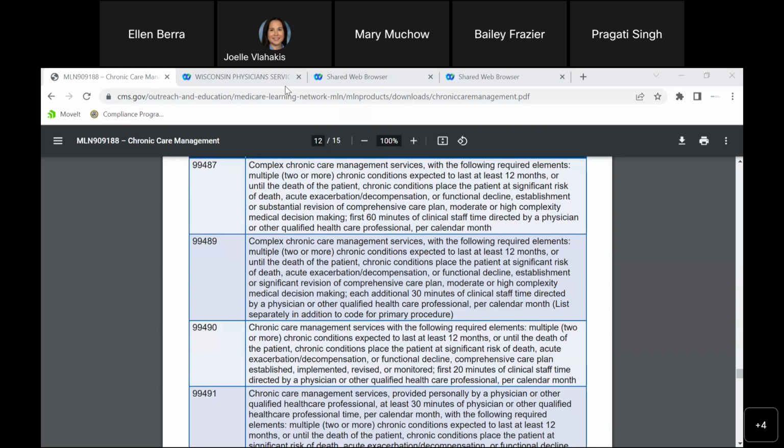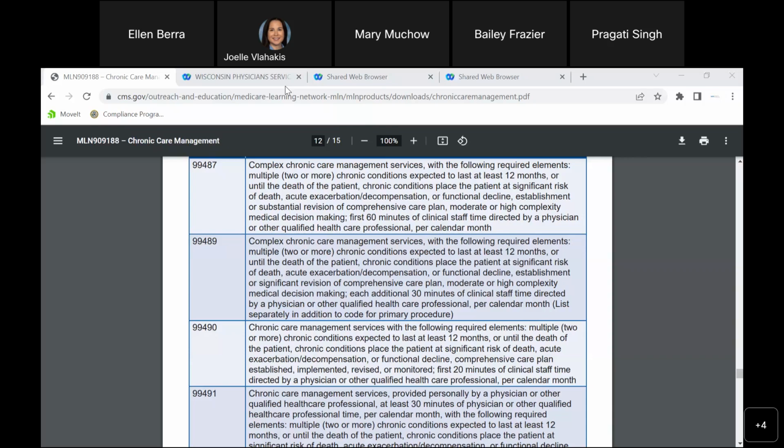The clinical staff can use the patient's medical records, both the internal records that they have, records from other practitioners who are involved in the patient's care, and then under that general supervision of that billing provider, they can write the care plan. We would not require the physician or practitioner to sign off on the care plan.